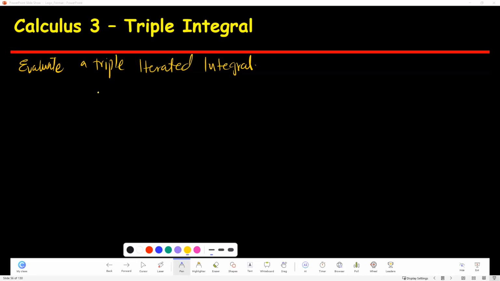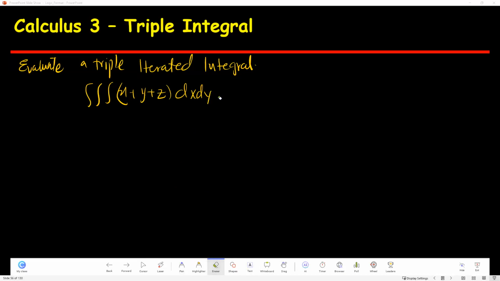Evaluate a triple integral given in this function, and the triple integral is given something like this, dx dy dz. Sometimes when we set up our own integral, we have an opportunity to switch back and forth these operators.